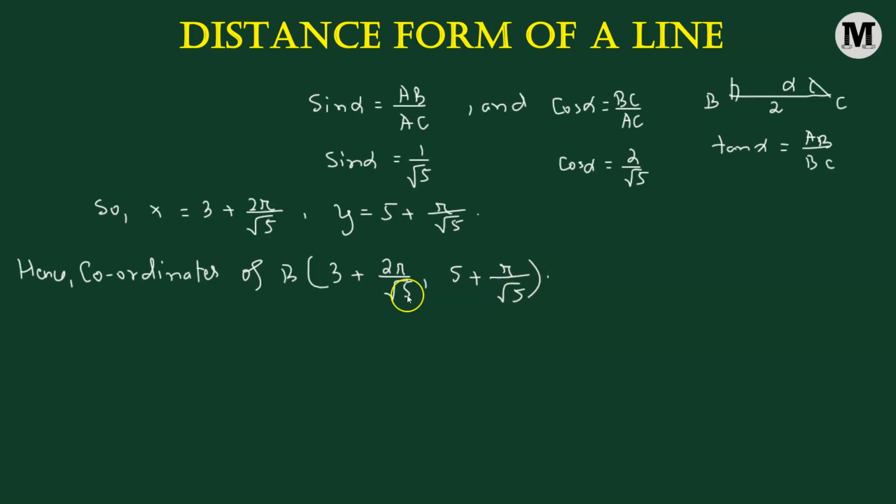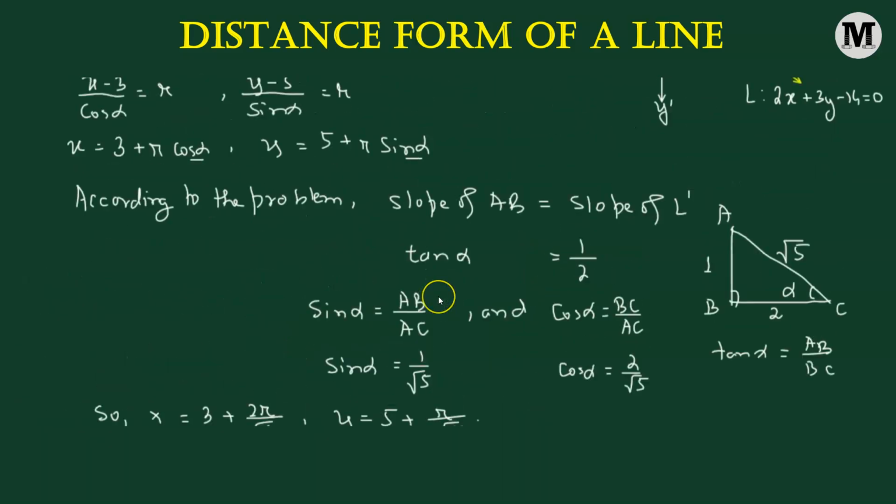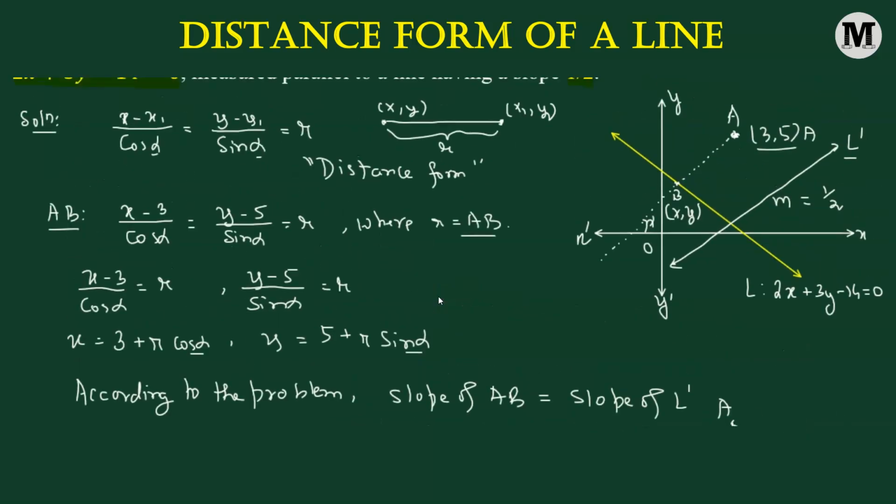Okay. So now that we have the coordinates of point B, we can make use of the fact that the point B lies on the line 2x plus 3y minus 14 equals 0, which means that it must satisfy the equation of that line. In other words, we'll take the equation of the line and in place of x and y, we're going to substitute the x and y coordinates of B, the parametric form that we have obtained.